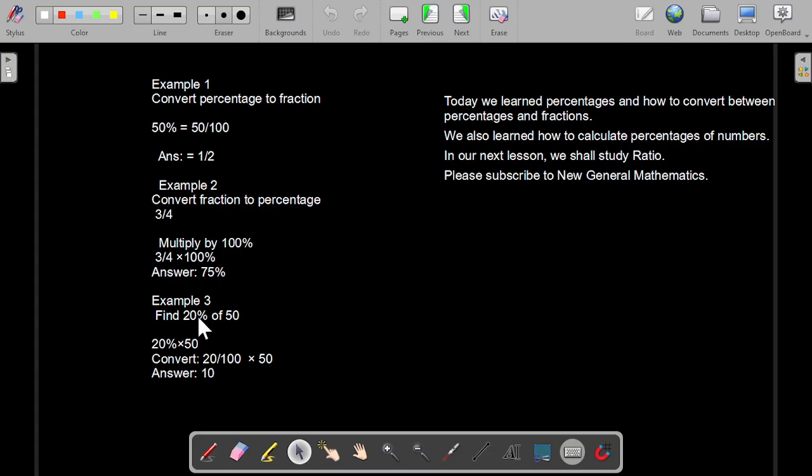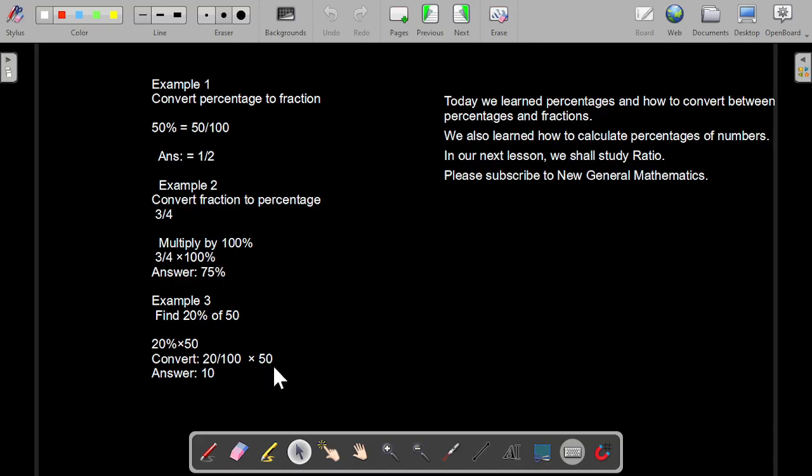When you have 20% here, in order for you to first convert it, you are going to put it, as I said before, as 20 upon 100, or 20 divided by 100. You first of all state it out so that you will not get confused. 20 divided by 100 multiplied by 50 will give you 10.